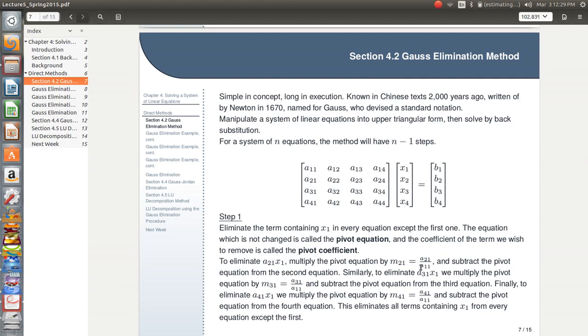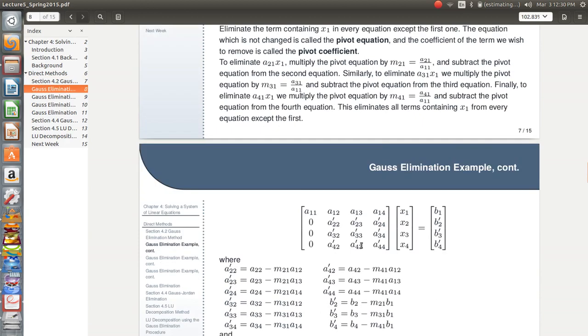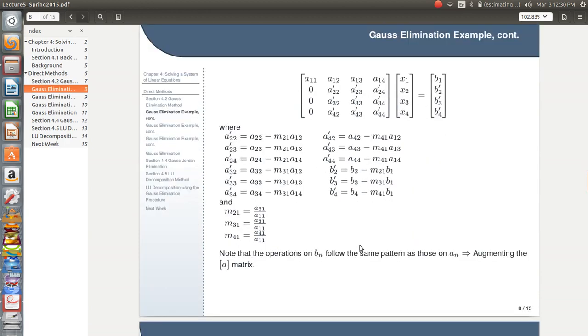It's worthwhile holding on to them because we'll see an area where they can be used in a later direct method. So I'll let you read through step 1. We'll go down and take a look at each of these pivot coefficients. You can do this quite quickly by setting up your system and creating each of these pivot coefficients.